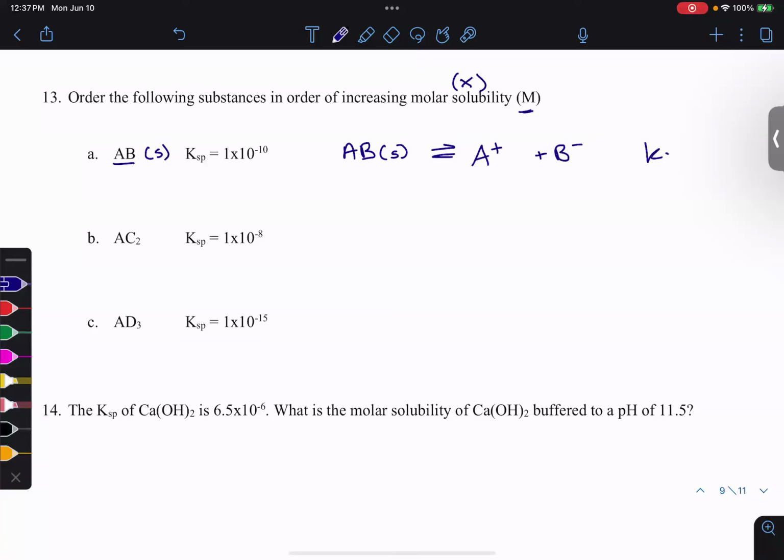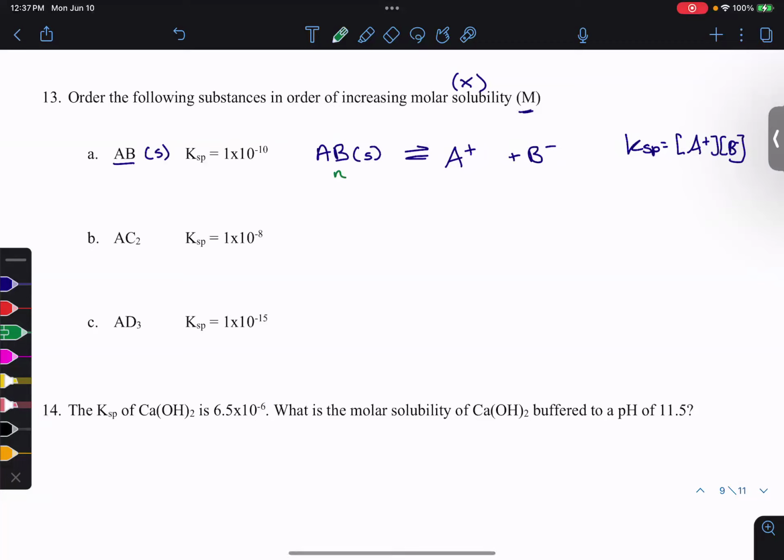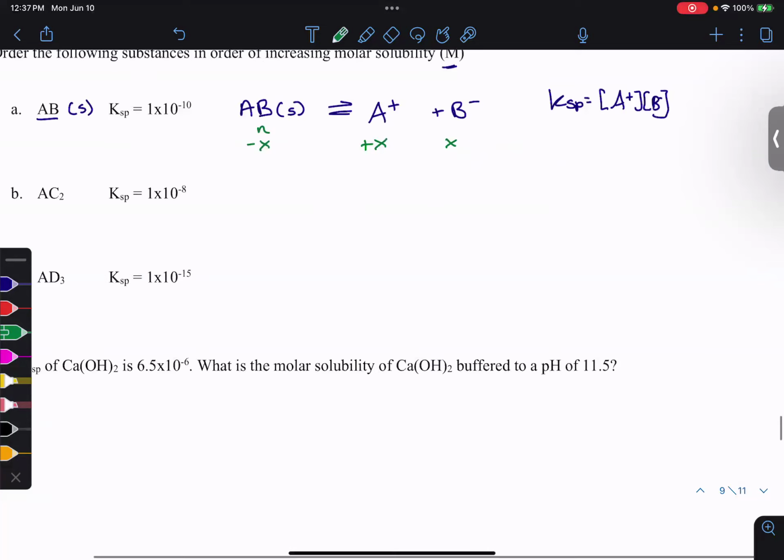So the Ksp for this reaction is just like all Ks, the concentration of A+ times the concentration of B- at equilibrium. Solids do not go into the equilibrium expression. But to calculate molar solubility, we have to do an ICE table where we drop a random amount of solid in there. We lose a little bit of it. We gain an X amount of A and an X amount of B.